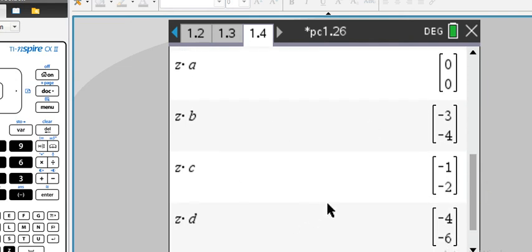So I've given you the points for A through F on the graphs in the document that I put into Schoology. So all we're going to do is go through and actually plot those points.